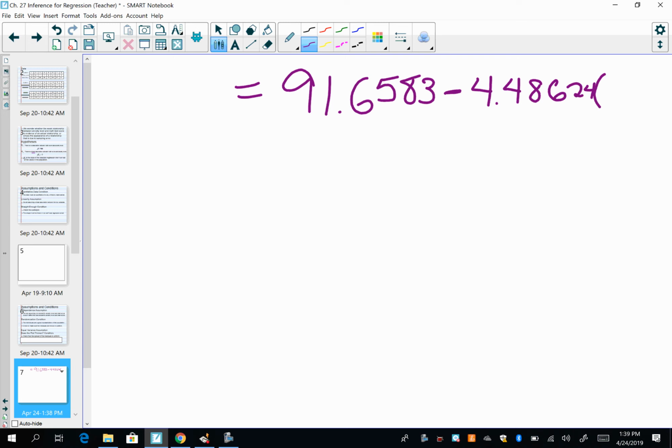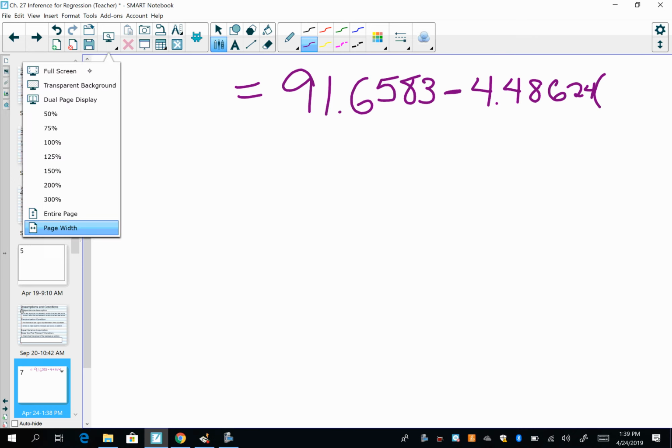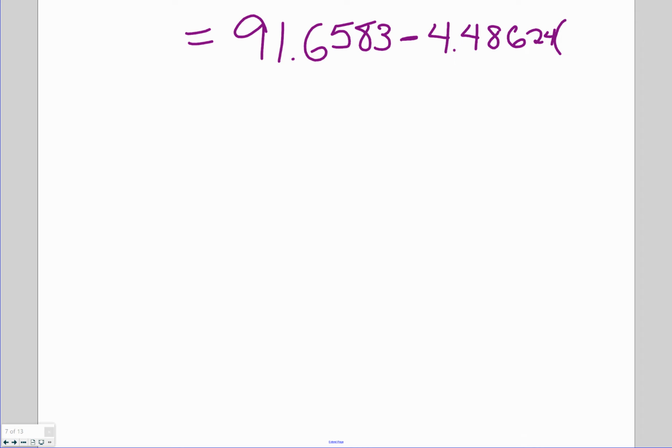What's our explanatory? Our X? Anxiety. And what goes on the left side of the equal sign?